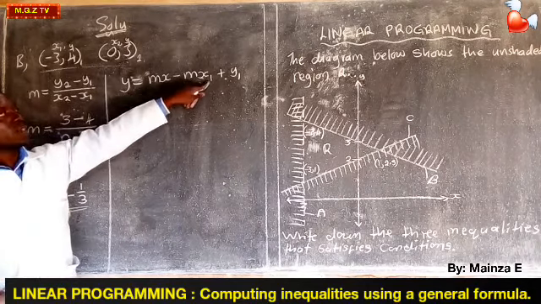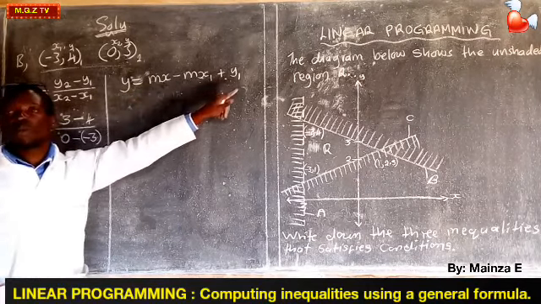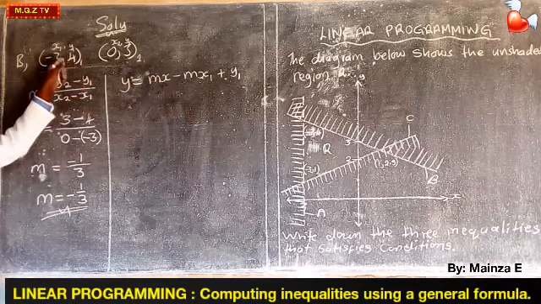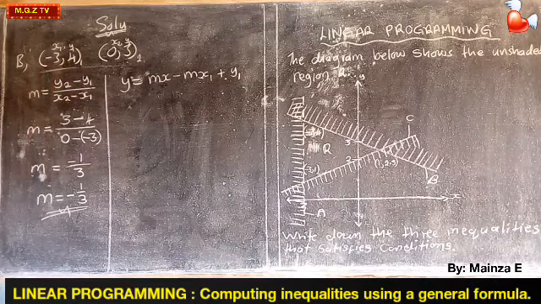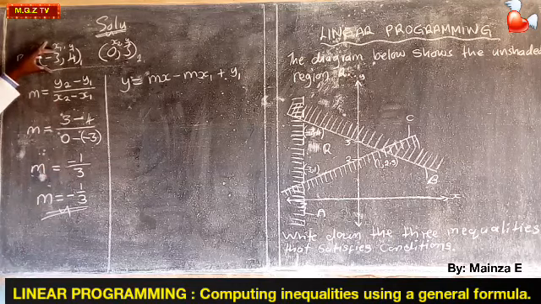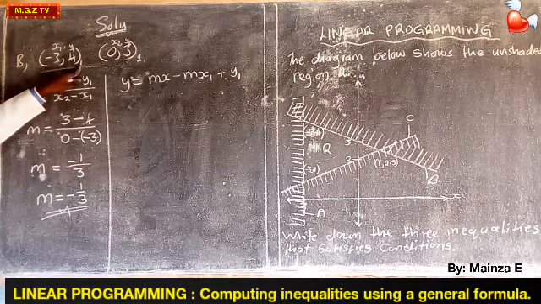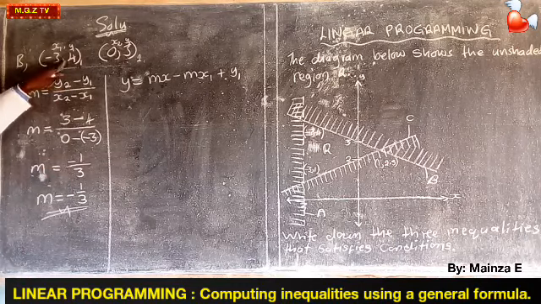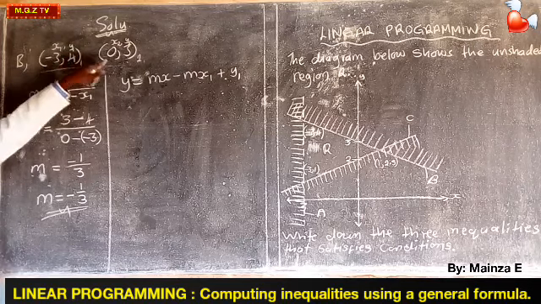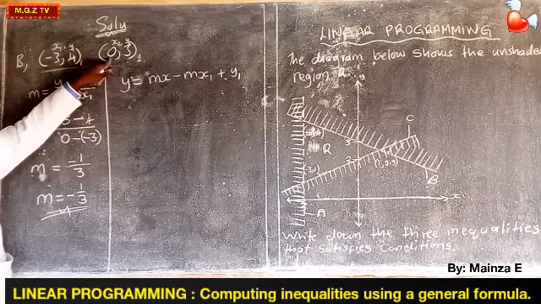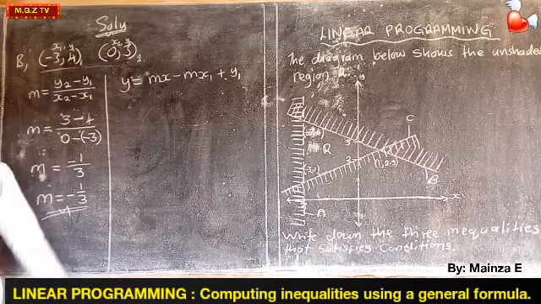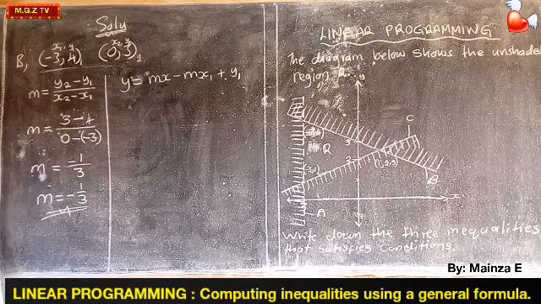Then, for x1 and y1, we pick any of these two coordinates. So if I pick this part to my x1 and y1, I will use this -3 and the 4. If I pick this one, then my x will be 0, my y is 3. But remember what I said last time.